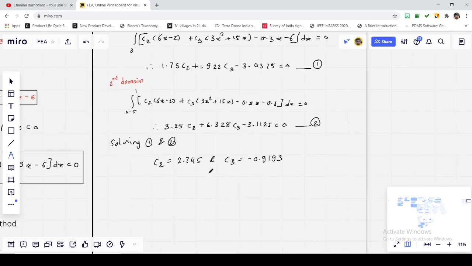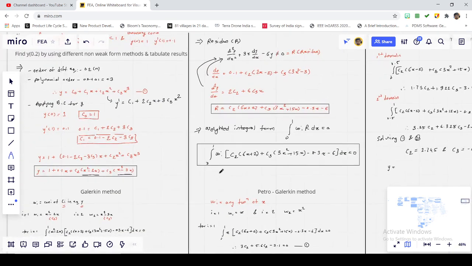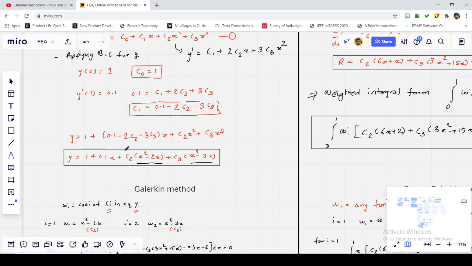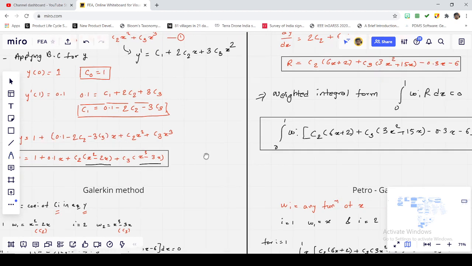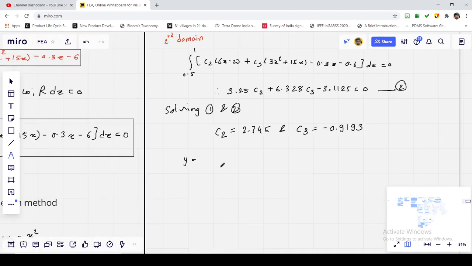Then what we have to do is substitute this in the equation of y. We already have the y equation from our initial steps. We just have to substitute this c2 and c3 in our y equation. So I will do that.